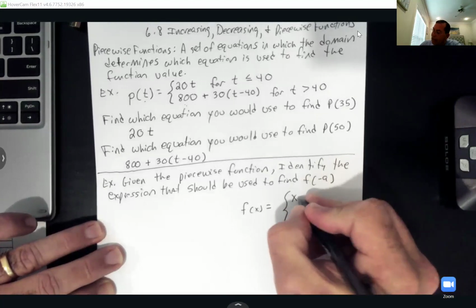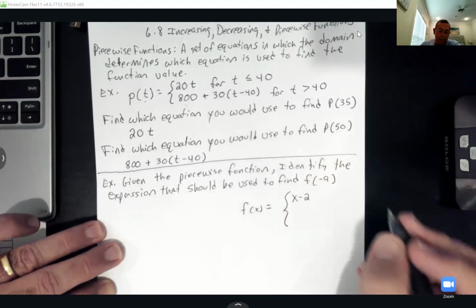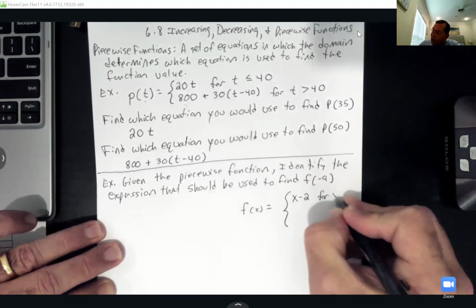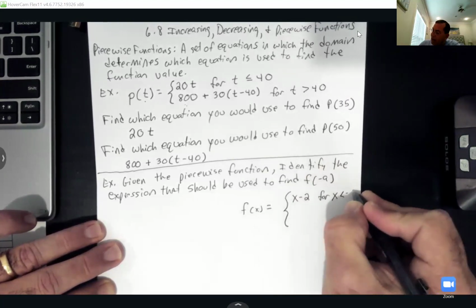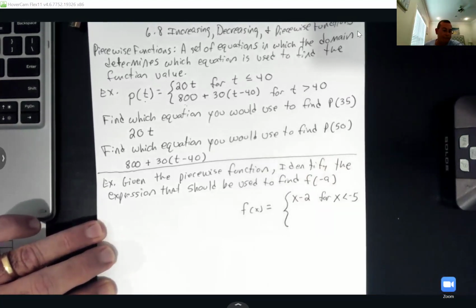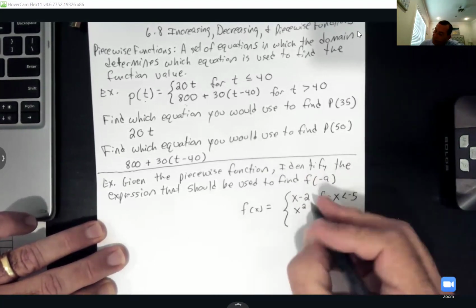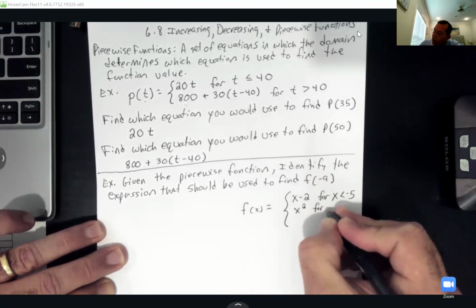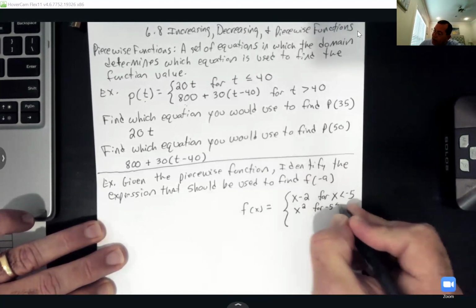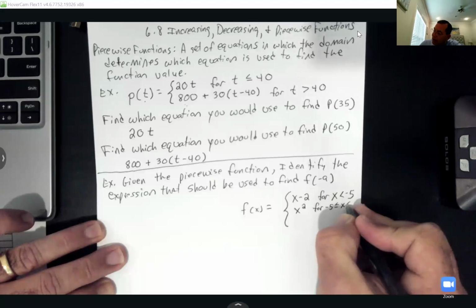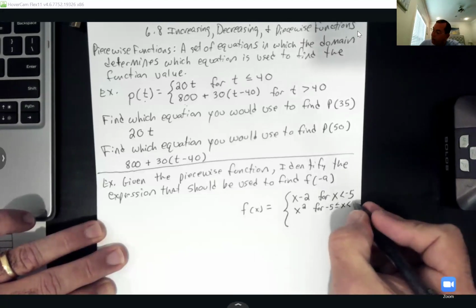It equals x minus 2 for any x less than -5. It equals x squared for -5 less than or equal to x less than 4.